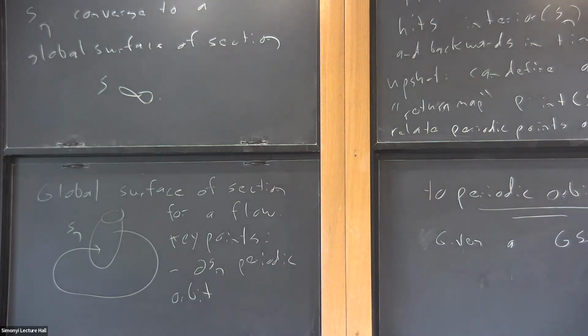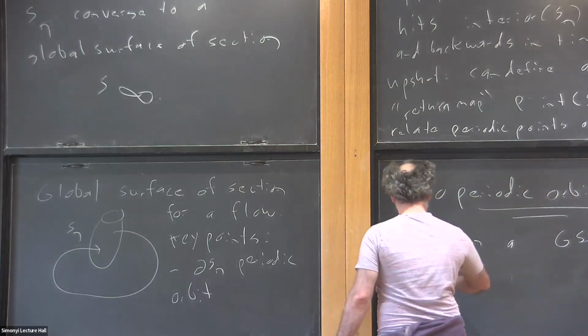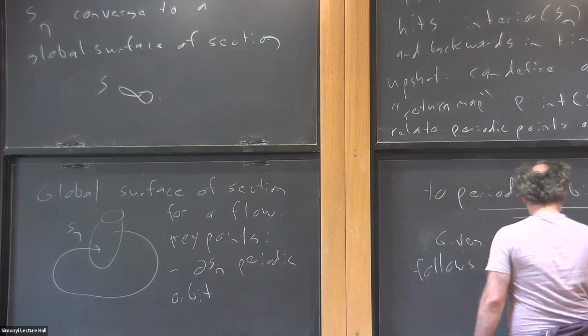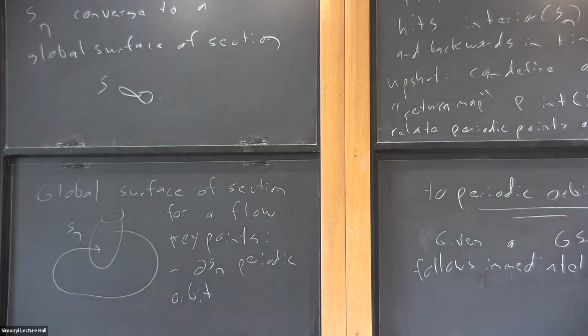So if I'm given a GSS for lambda, the two-or-infinity conjecture follows immediately from work of, say, Franks, since in fact P is area preserving.